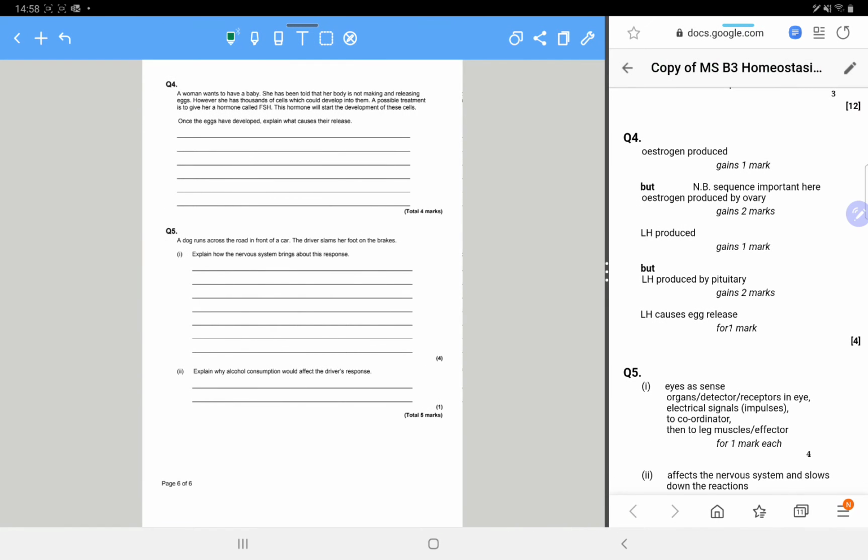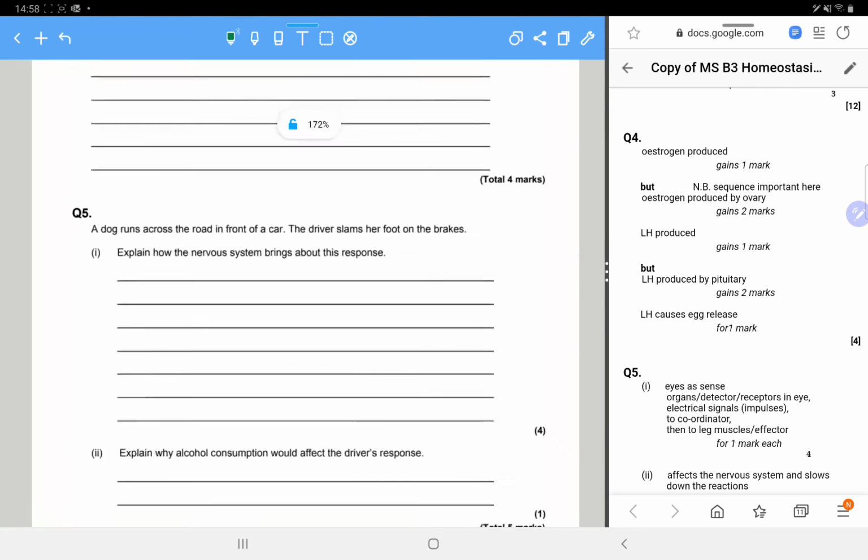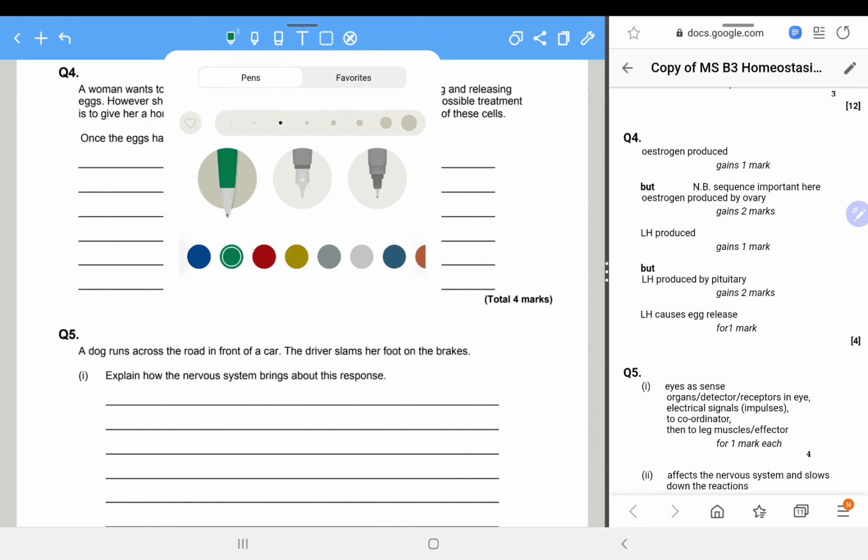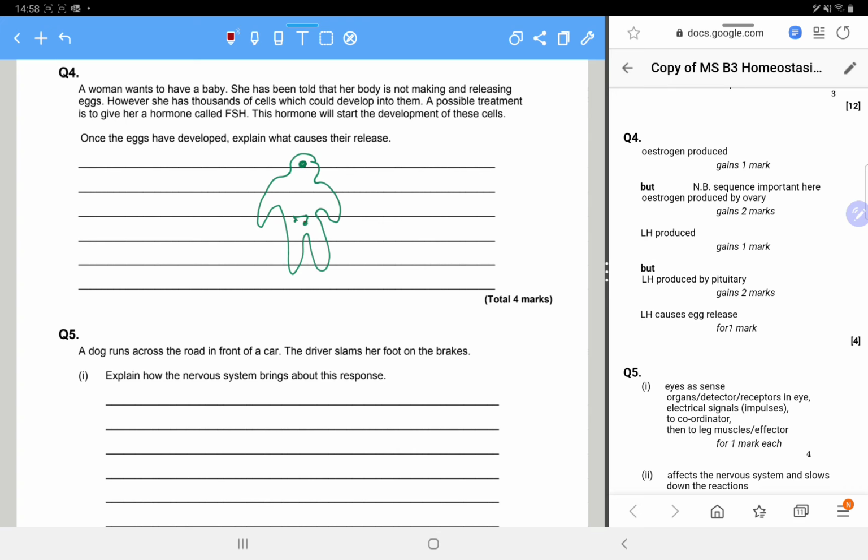Let's just expand upon this and go through the science with my ridiculous drawing. We've got the pituitary gland in the head, and we've got the ovaries here. What is happening is that the ovaries are producing estrogen, which goes up to the pituitary gland. The estrogen inhibits FSH.